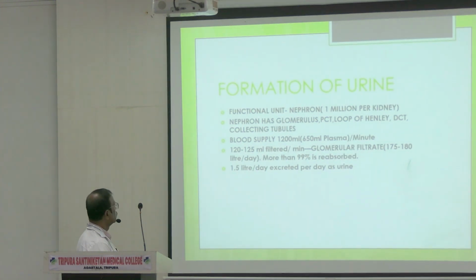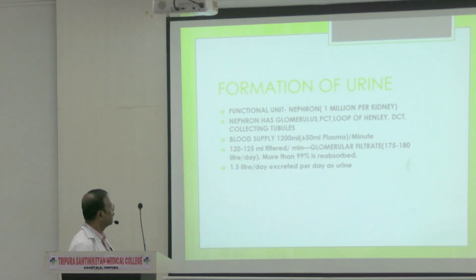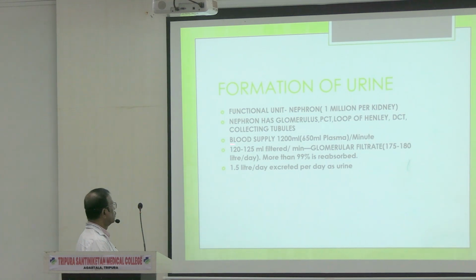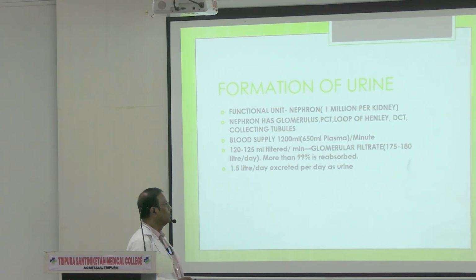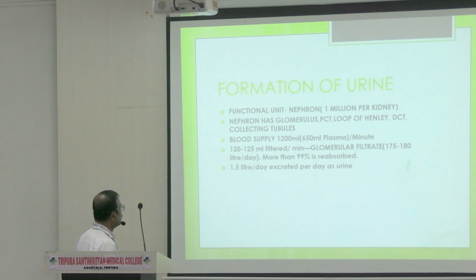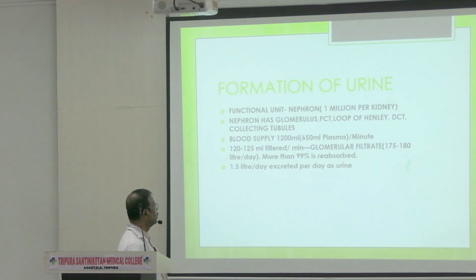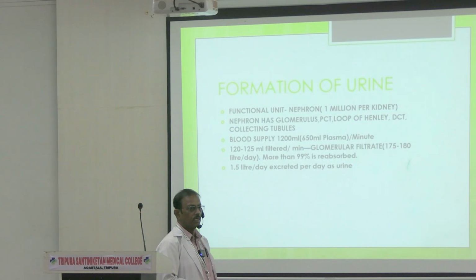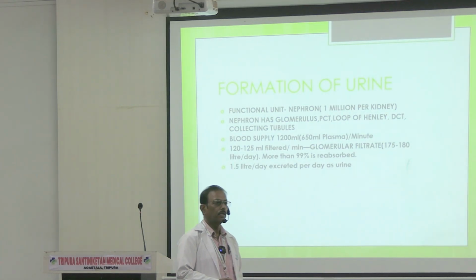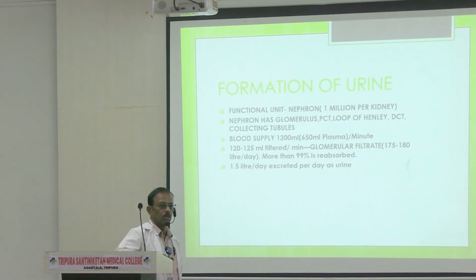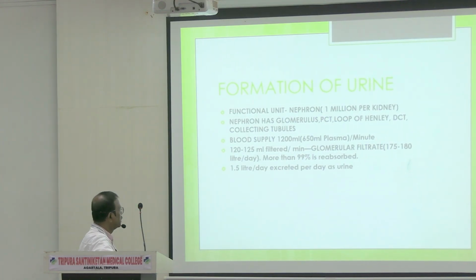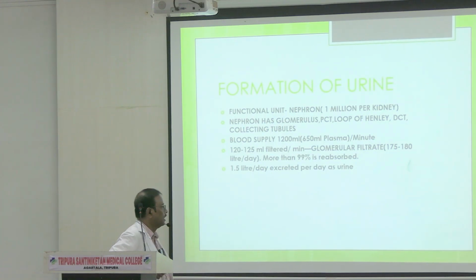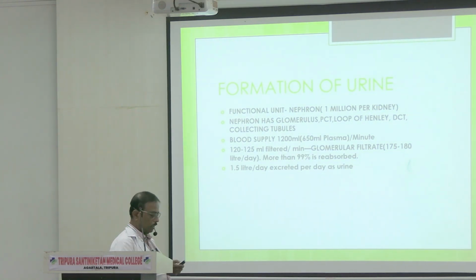Out of this 1200 ml, about 120 to 125 ml is filtered per minute, which is called glomerular filtrate. More than 99% of the glomerular filtrate is reabsorbed and rest is excreted as urine. Per day, 1.5 liter of urine is excreted from our body.